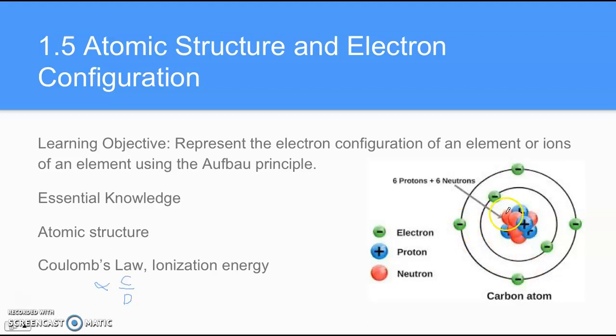But the nucleus can have more or fewer protons, which will affect the charge. And the distance is going to be the distance from the electron in question to the nucleus. So electrons that are farther away from the nucleus will have a greater distance, therefore a weaker Coulombic force and a lower ionization energy. So it takes less energy to remove that electron from the atom.